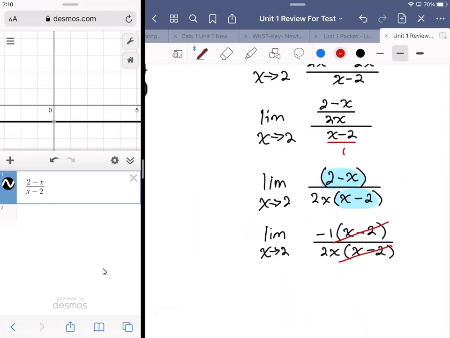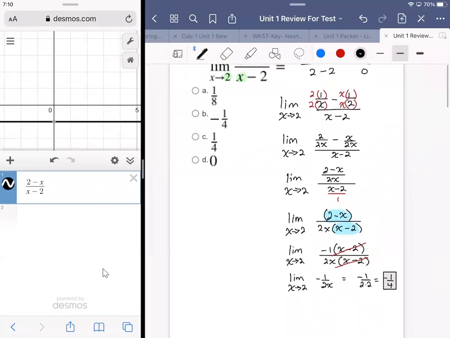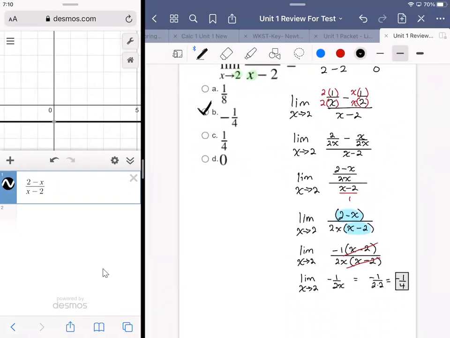Now I can do my resubstitution into the simpler expression and get my result of -1 over 2 times 2, which would be -1/4. Choice B. So, you can do it that way.